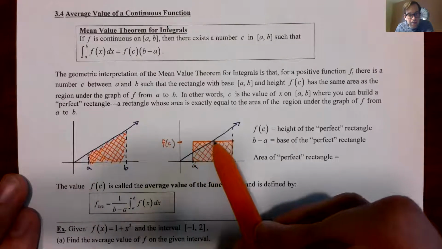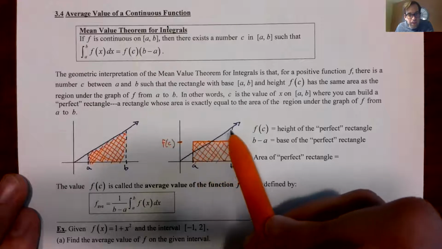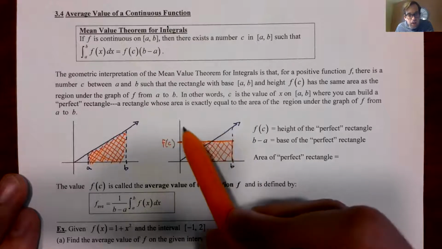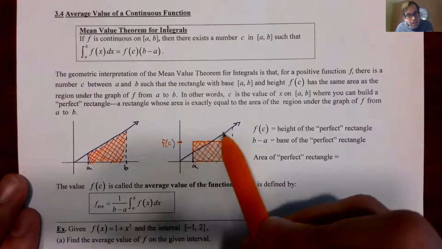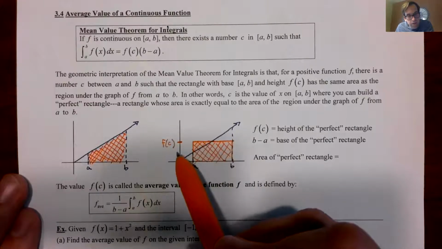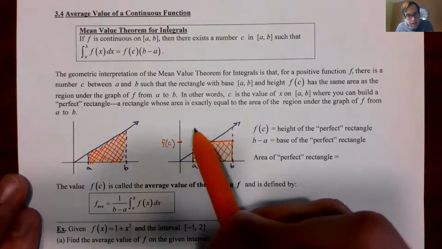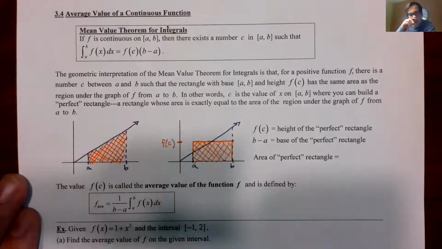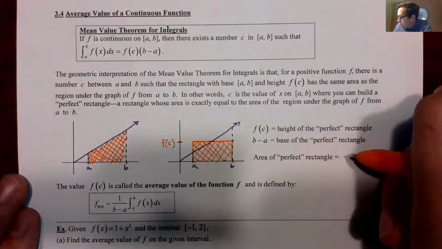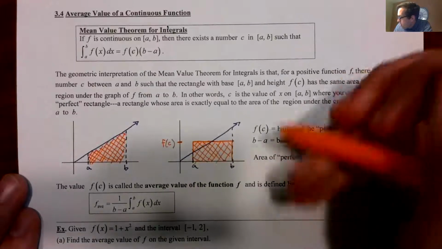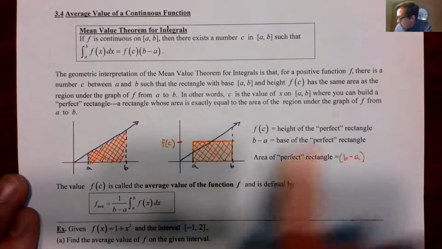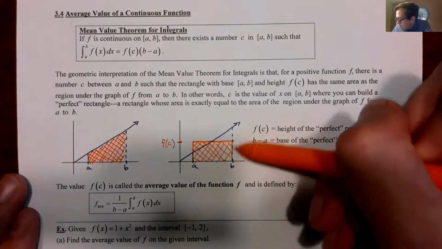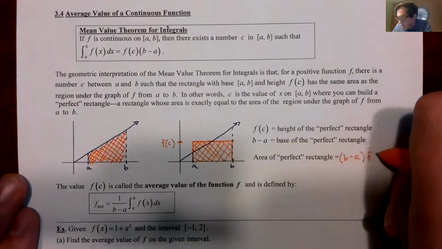If we think about this whole purple line from a to b, the average of the y values is this f of c, which, since it's a straight line, should be halfway between down here and up here, which makes a lot of sense. So if we wanted to write out the area of this perfect rectangle, it would be b minus a, which is that base, times the height of the rectangle, which we're calling f of c.